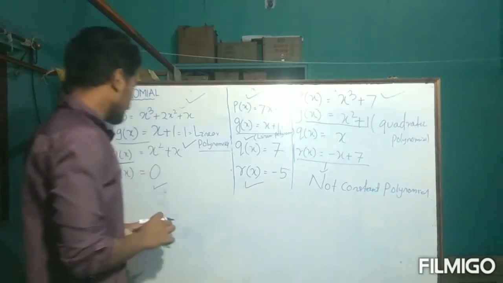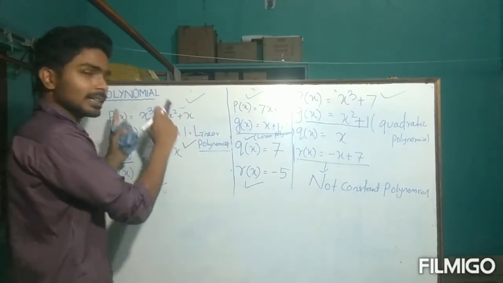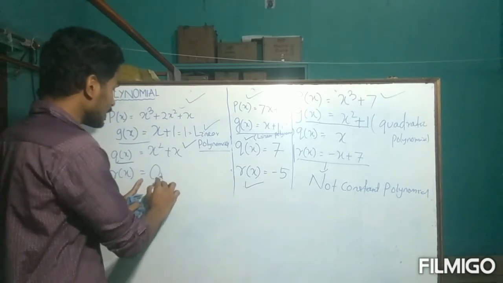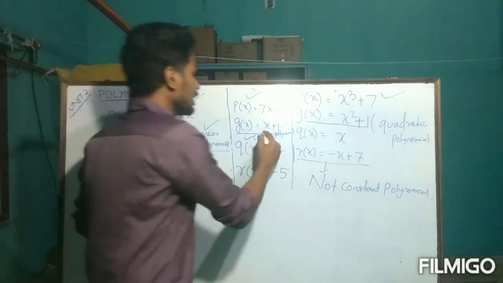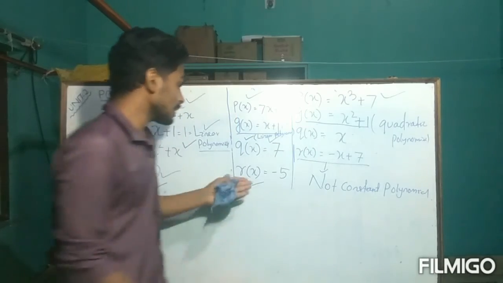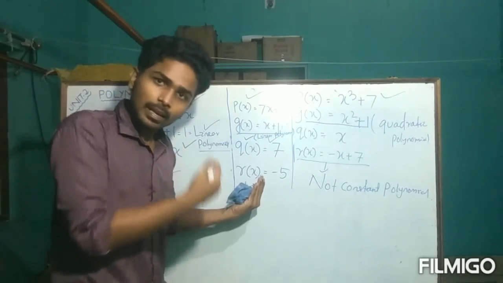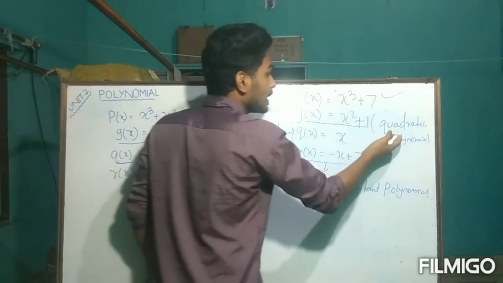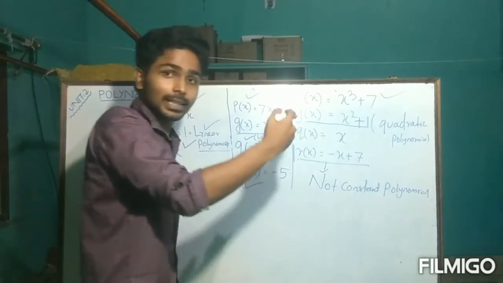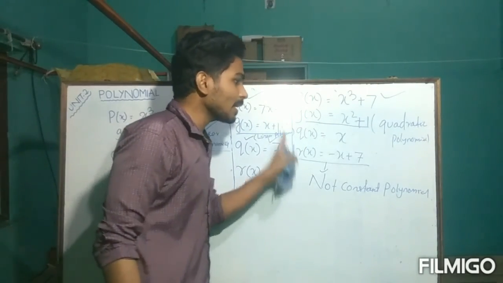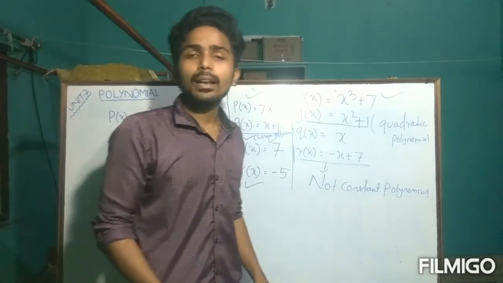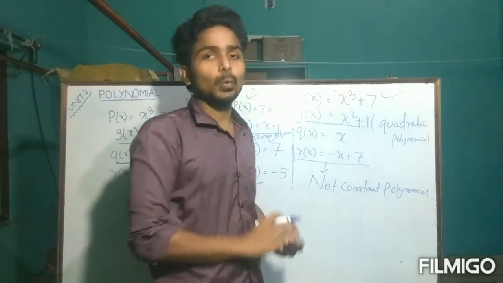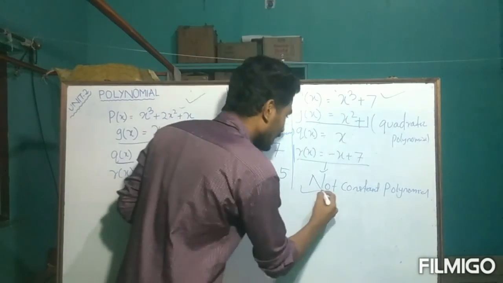Again we see here, if the divisor is linear, then the remainder is 0. 0 is a constant. Here also, if the divisor is linear, then the remainder is minus 5, which is also a constant. But if the divisor is not linear, or it is quadratic, degree more than 1, then the remainder is not a constant polynomial. It may be a polynomial whose degree is greater than 0. Okay, so we are clear.